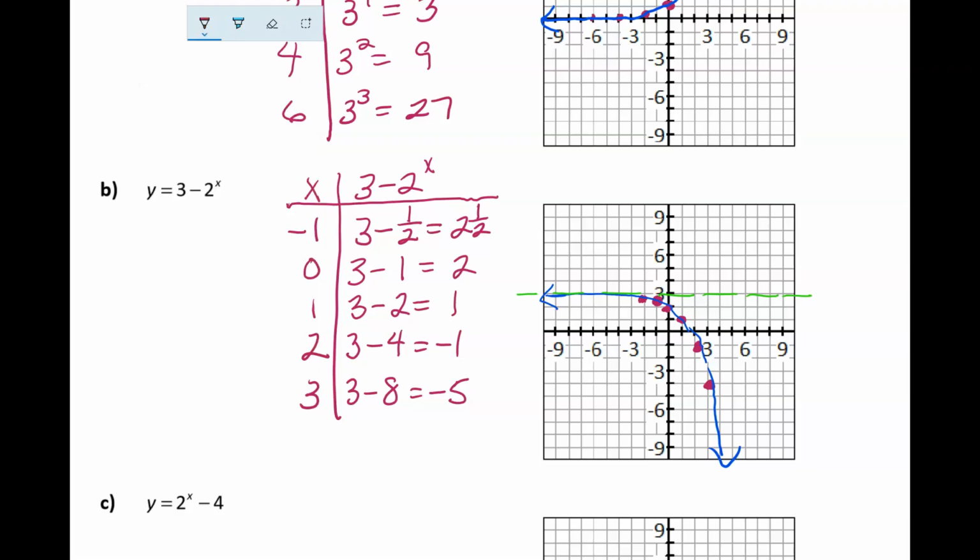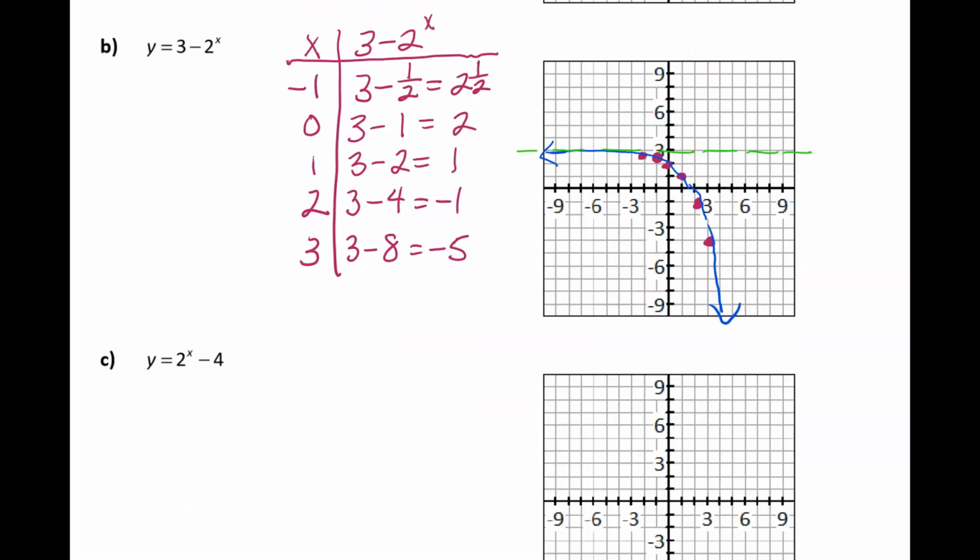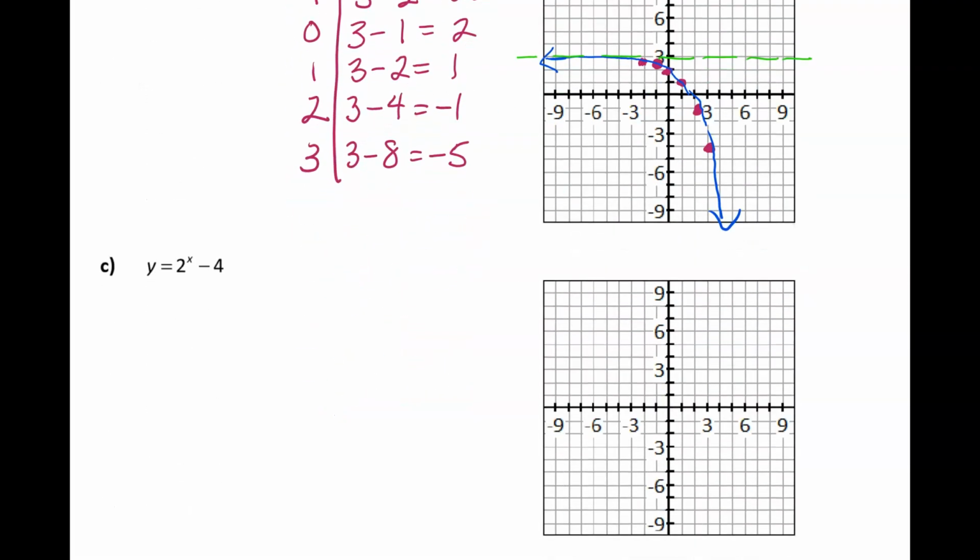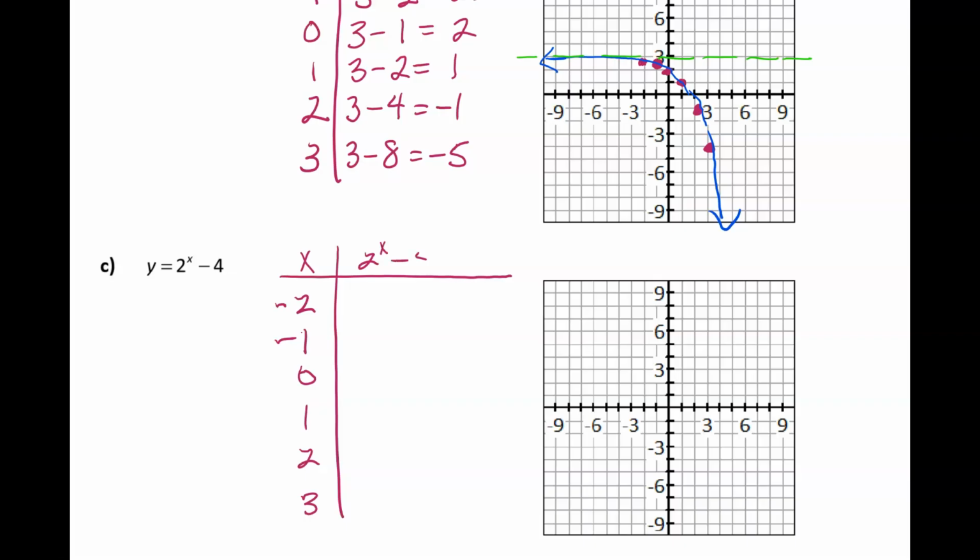Let's do one more example. This one is y equals 2 to the x minus 4. This is going to be similar. So let's use a couple of negatives and some positives. And let's see what happens. 2 to the x minus 4.